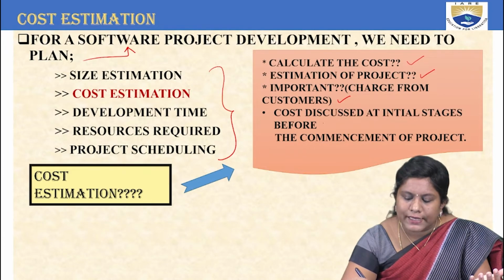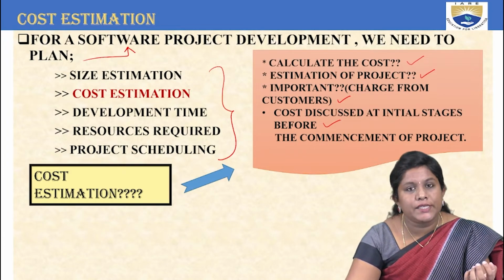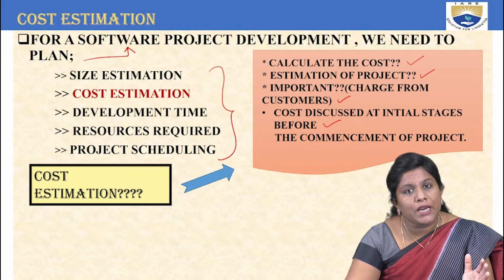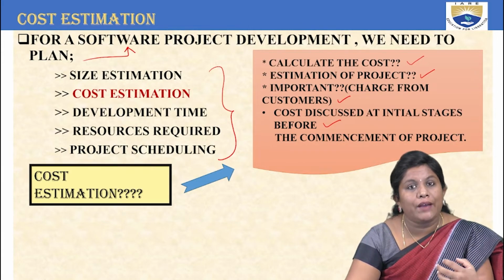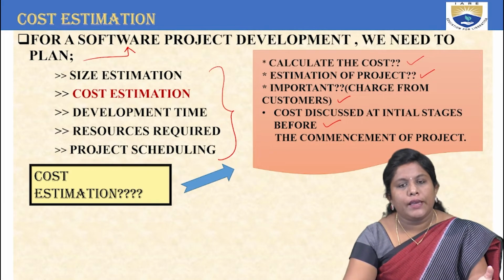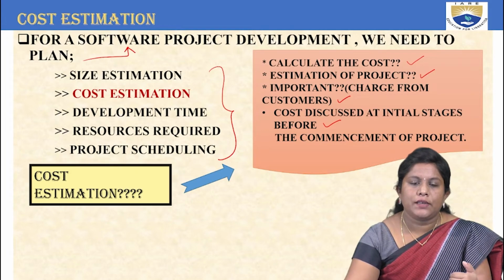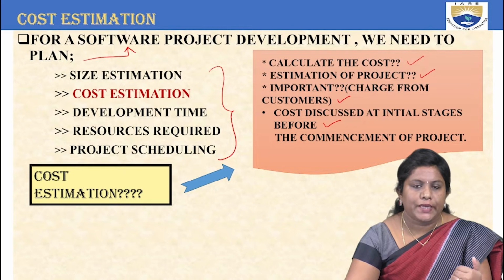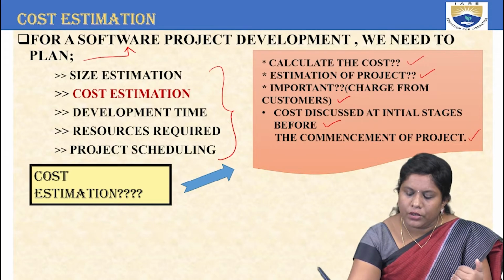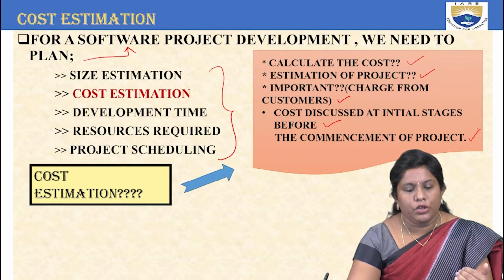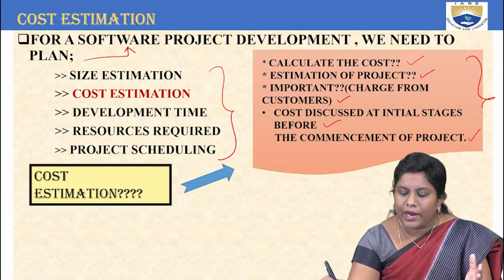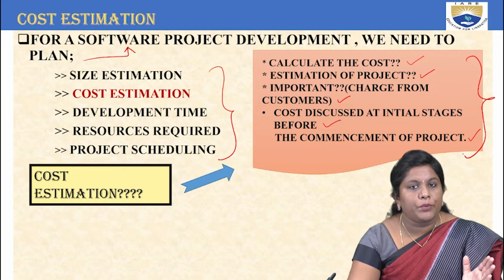Next, cost discussed at the initial stages. That is, before you start your project work or before you have initiated your work, that is also discussed in the cost estimation. Next, the commencement of the project. When are you starting? So to know about cost estimation, these are the 5 important factors that have to be noted.